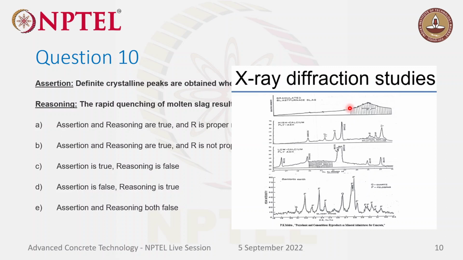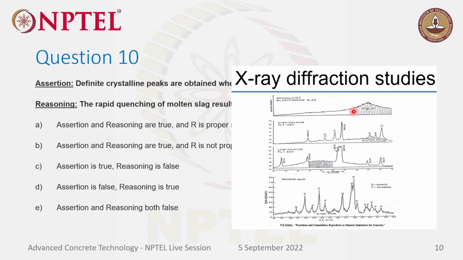If it's quenched, obviously it will not have any crystalline peaks. Rapid quenched slag has more reactivity because it will have a more amorphous structure. If it's air cooled, then obviously crystalline peaks will be found.